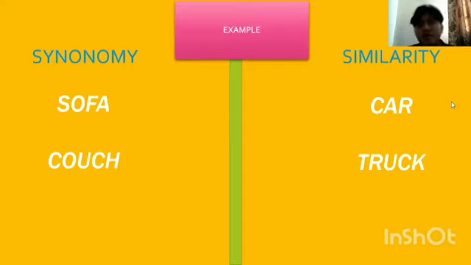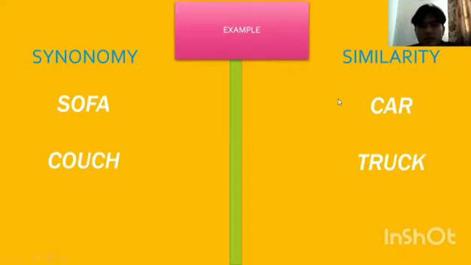Kemudian similarity ini merupakan, similarity is where I think the objects are quite different, but they have a relation between the two words. For the example, car and truck.